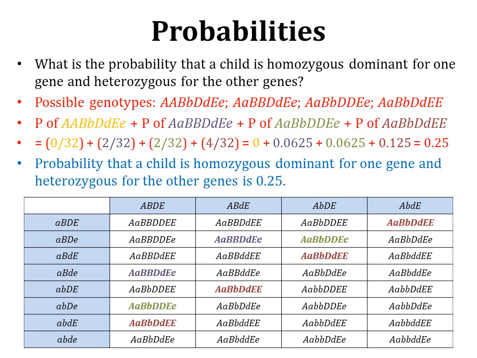So the answer to this question, the probability that a child is homozygous dominant for one gene and heterozygous for the other genes, is 0.25. So this is our answer.